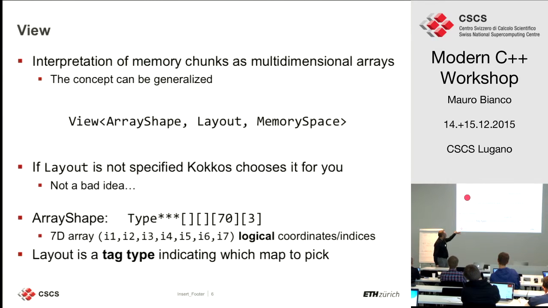If the layout is not specified, fine, Kokkos will choose it for you. But then there is the array shape. So if you say double pointer, pointer, pointer, open bracket, close bracket, 7, 3, this is a 7-dimensional array, in which 5 dimensions will be known at runtime, and 2 dimensions, the 7 and the 3, will be known at compile time.